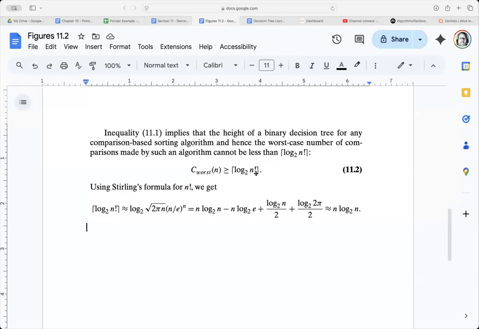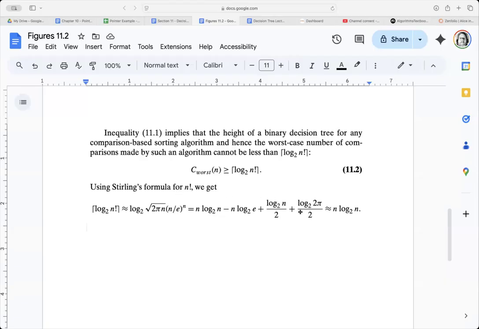Okay. And we can use Stirling's formula here to get us a pretty good approximation of n factorial. So when you do that, we do this little fun with math here, and this ends up being approximately n log, binary log of n.